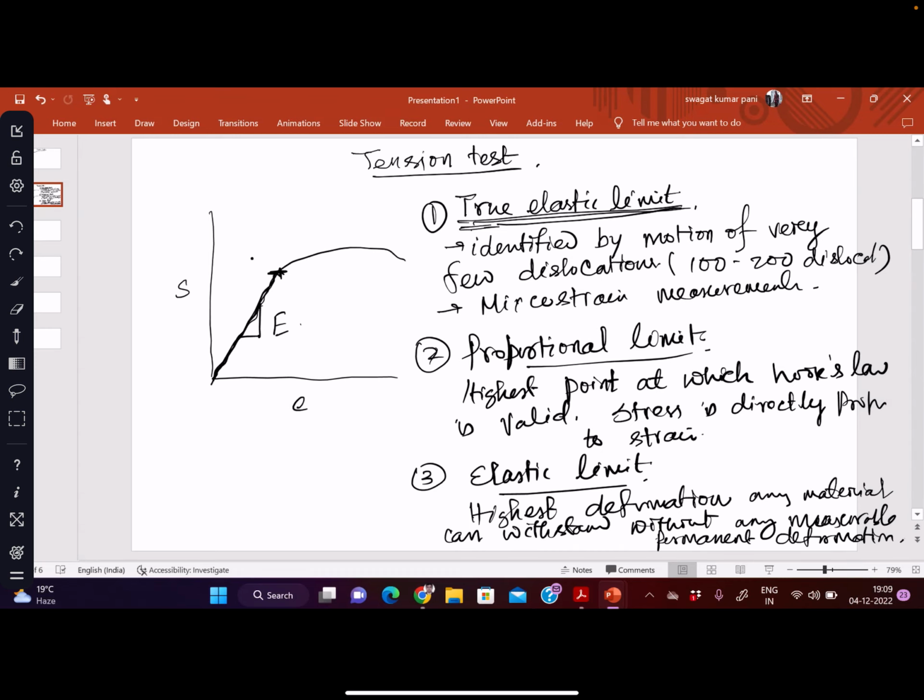These things we usually don't get in tension test, but this is for a reference only because sometimes in GATE they ask what is the difference between proportional limit and elastic limit, what is true elastic limit.